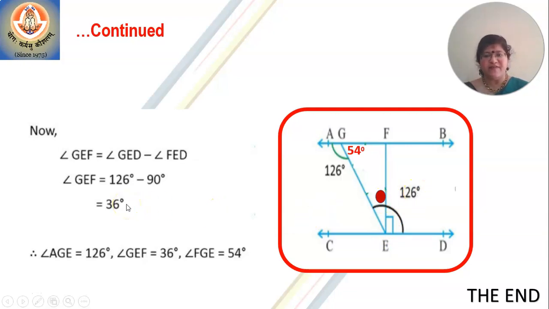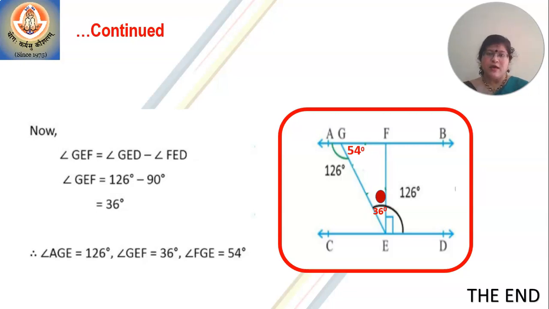So GEF equal to 36 degrees. So we get angle GEF 36 degrees. And with this, we have calculated the measures of these three angles. Students, this problem also can be done in different methods. Feel free to use whichever method you find easy.